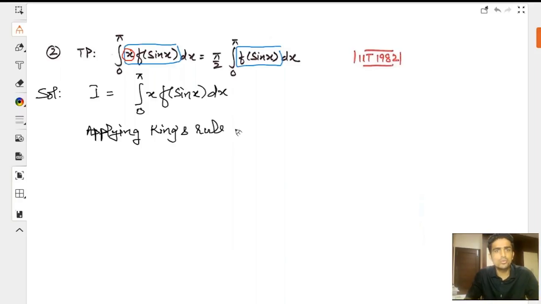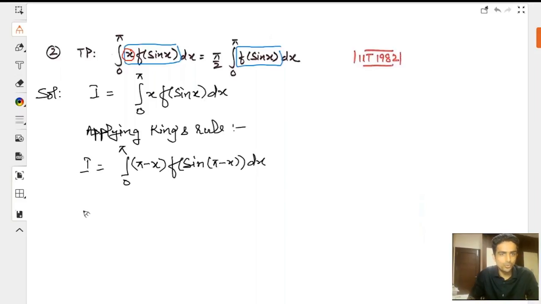You want to remove x, you know how to remove x. So applying King's rule, it is pi minus x f of sine of pi minus x. Oh, I think that's done, nothing is left. It's pi minus x f of sine x.